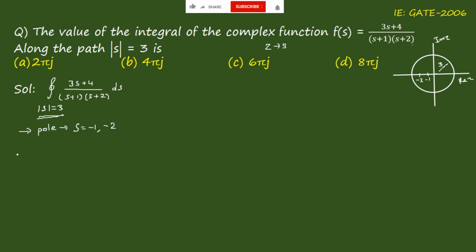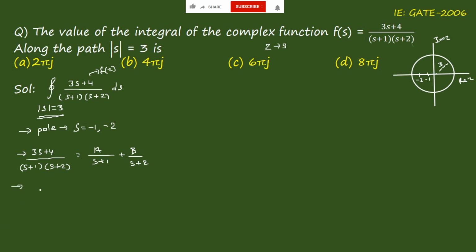So we can use Cauchy's integral formula, right? But first we'll be splitting this particular function f of z. Okay, as we know that 3s plus 4 by s plus 1 into s plus 2, right? Which is equal to nothing but a by s plus 1 plus b by s plus 2, right? We can write in this particular format.